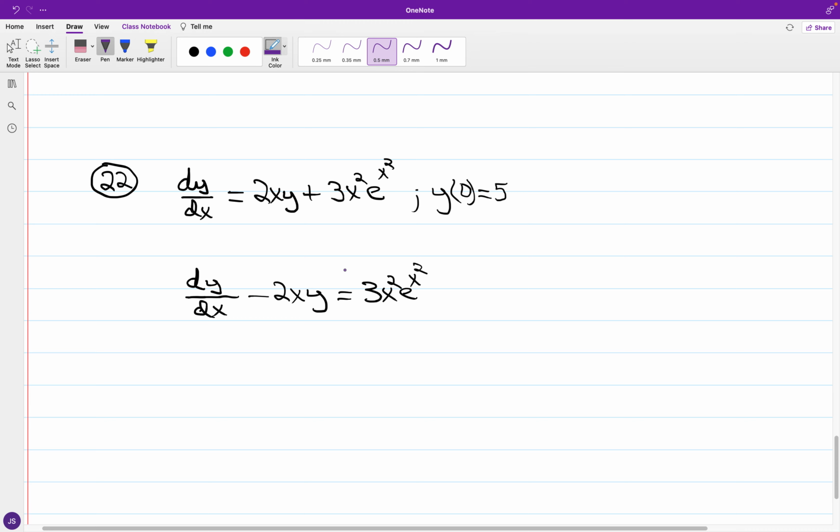So we have for p of x that is equal to negative 2x, and for the integrating factor, again we're going to have e to the integral of negative 2x dx, and that's going to be equal to e to the negative x squared.